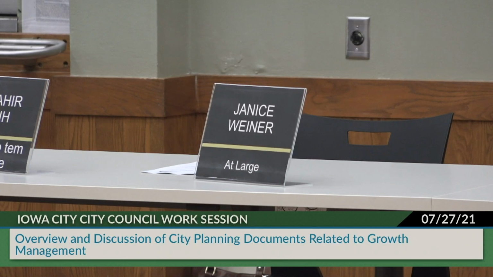But I don't necessarily think that looking at a complete overhaul of the comprehensive plan is the way to go right now. My one question that's maybe a little bit off topic is where we stand with respect to negotiations on the fringe agreement.